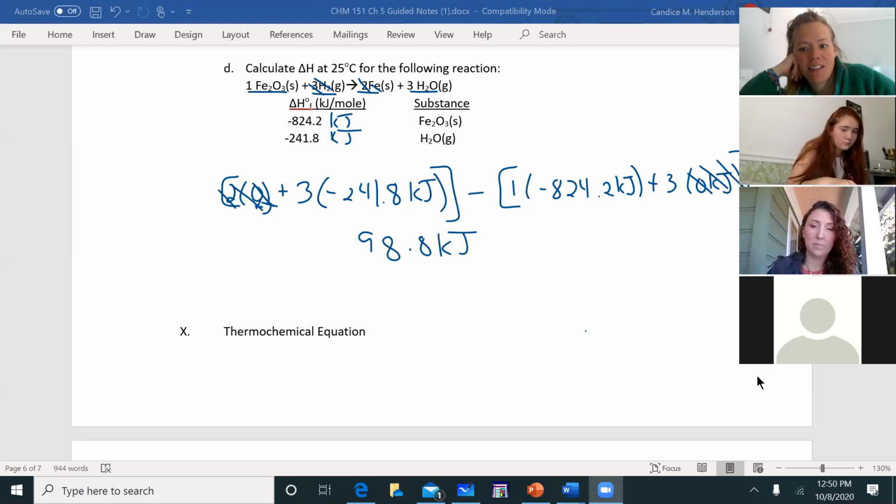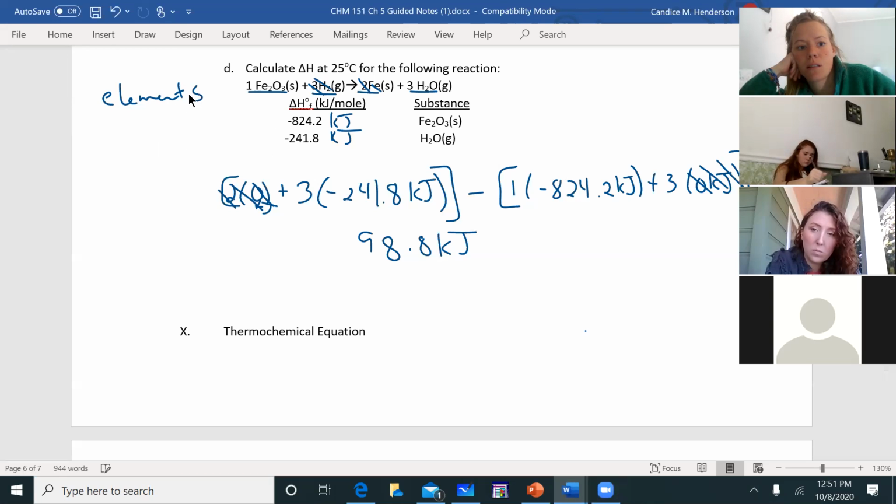Where are the zeros coming from? So again, anytime that there's an element, I know that the kilojoules are going to be 0. That's an assumption you have to make. So all elements will have 0 kilojoules.